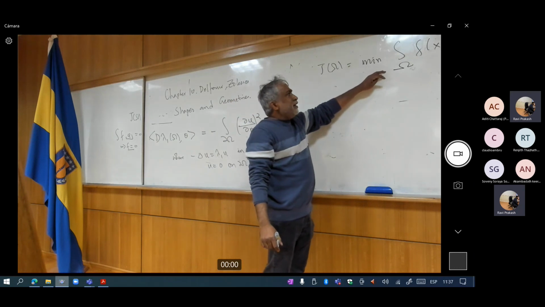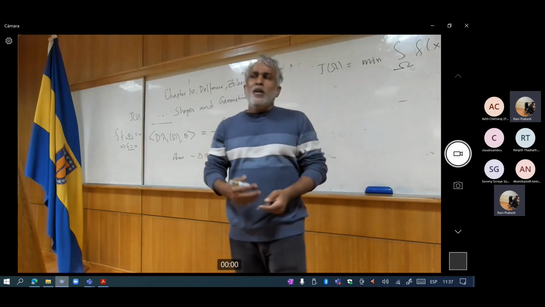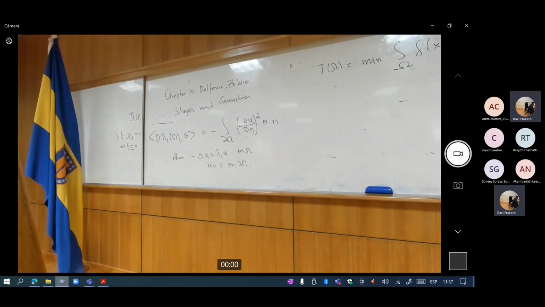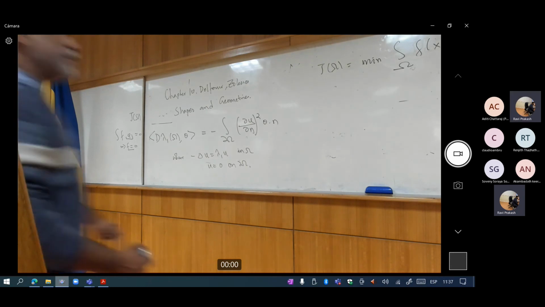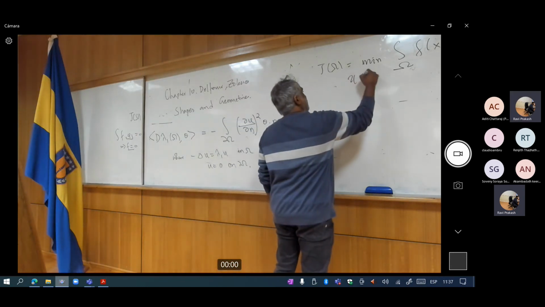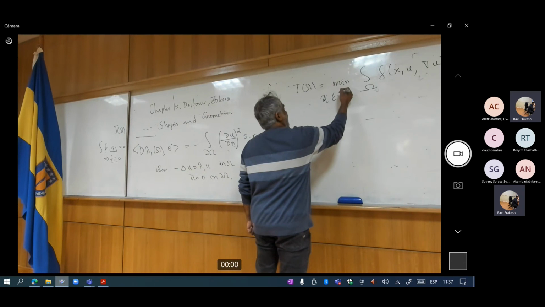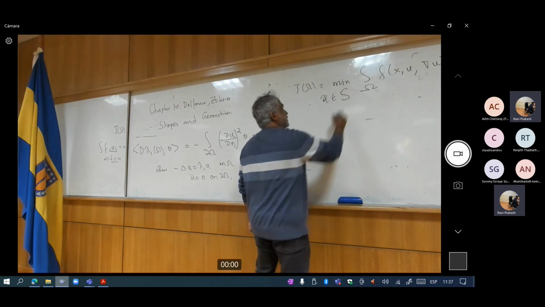You only need that f has to be suitably regular and some conditions on the class of minimum points. This minimization is with respect to u in some space or subspace.